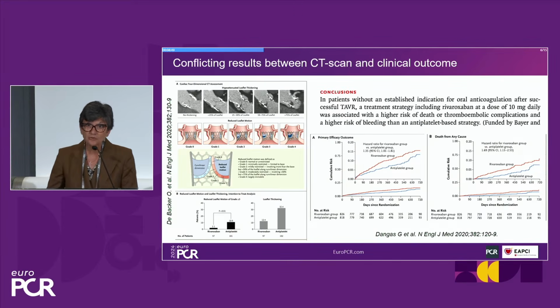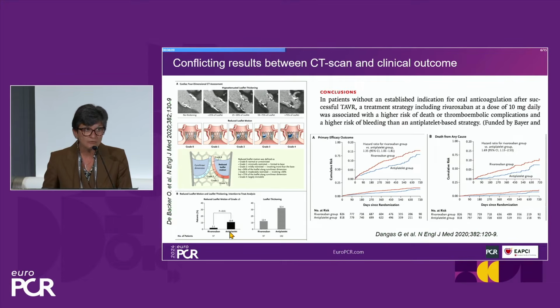A second paradoxical observation in this HALT phenomenon is the conflicting results between CT scan observation and clinical outcome of patients. You see on the left part of the slide this very nice illustration from Ole De Backer, showing how the CT scan outcome was much, much better in patients included in the rivaroxaban arm of the GALILEO study as compared with patients randomized in the antiplatelet arm.